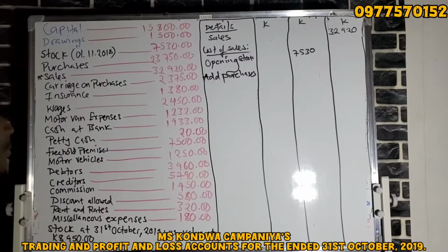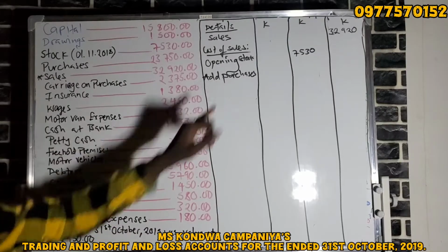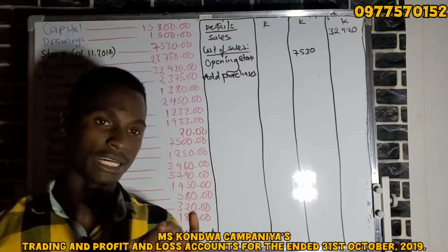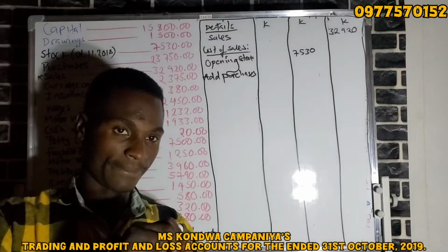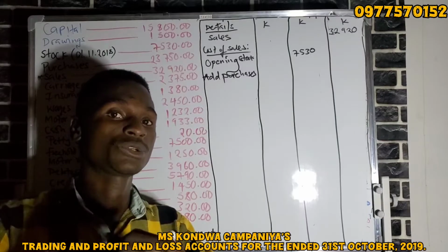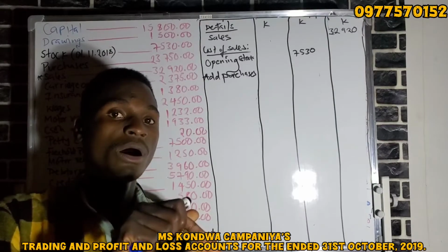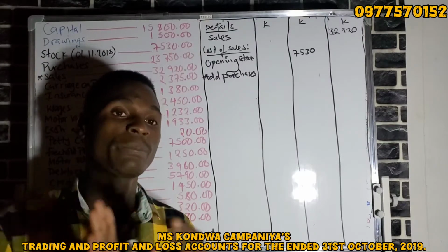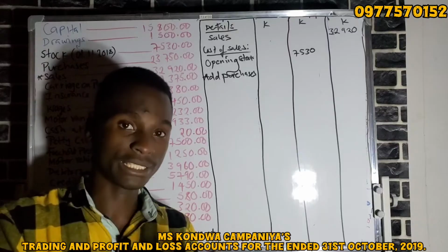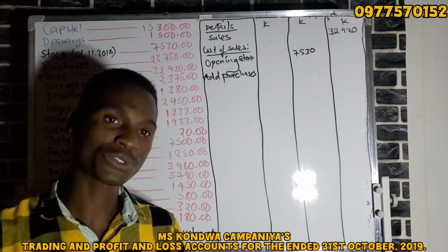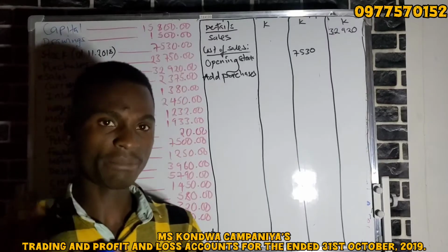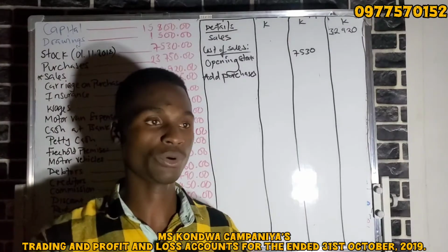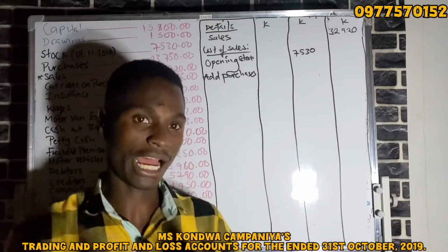Before we even write the amount, you should understand, my good friends, that when you buy goods, you may need to pay for carriage, transportation, which is carriage inwards, or carriage on purchases. You need to add it to the purchases. Sometimes goods are heavy, and you ask people to load and offload.